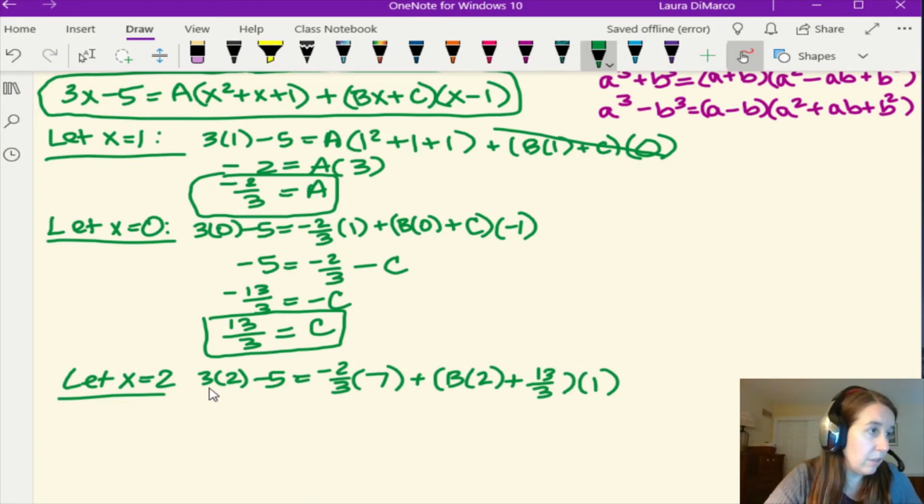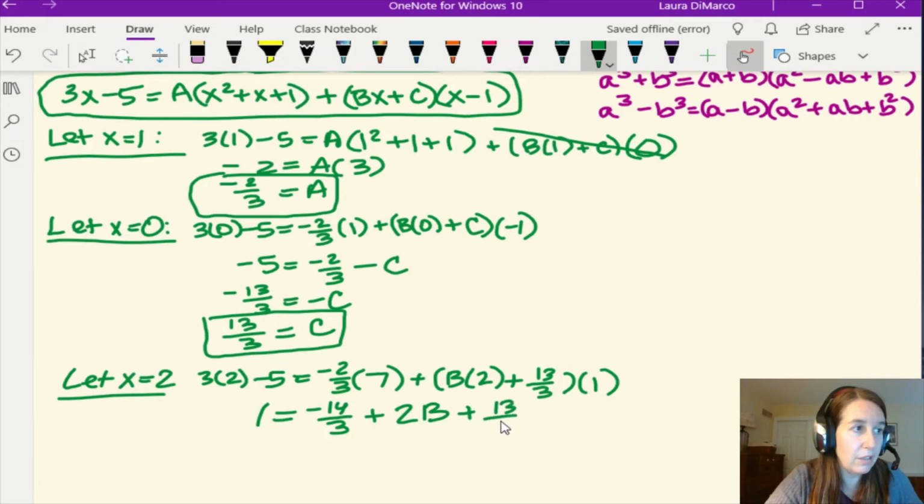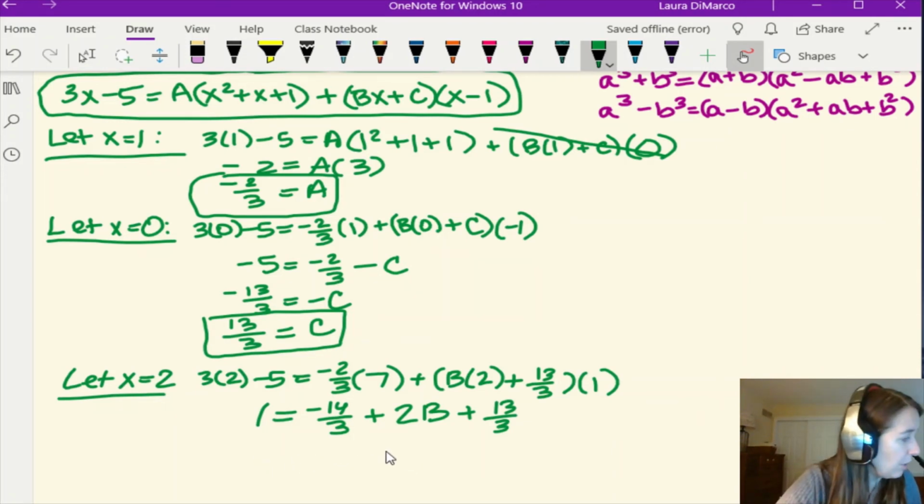Okay, so let's see, that's 6 minus 5, so that's 1 on the left. -2/3 times 7 is -14/3, plus, now this is just times 1, so this is 2b plus 13/3. Feel free to use a calculator for these things, just divide and combine your fractions. It doesn't matter if you're not super comfortable with the fractions.